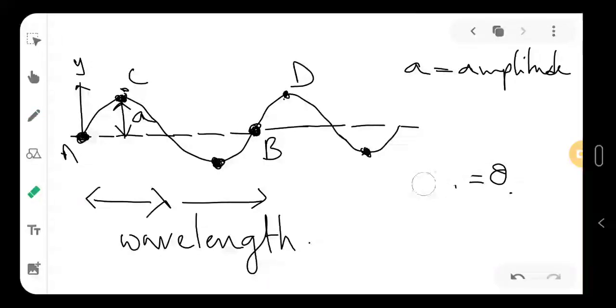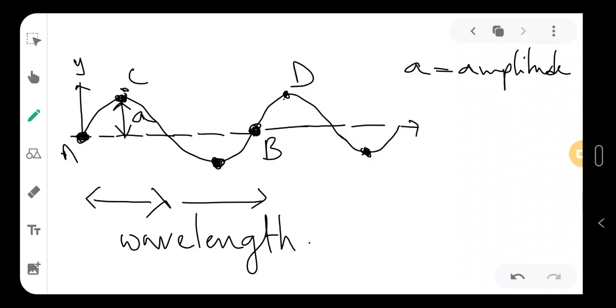So this is not omega t, because the horizontal axis here is some sort of length. So AB is lambda, and CD is again lambda.